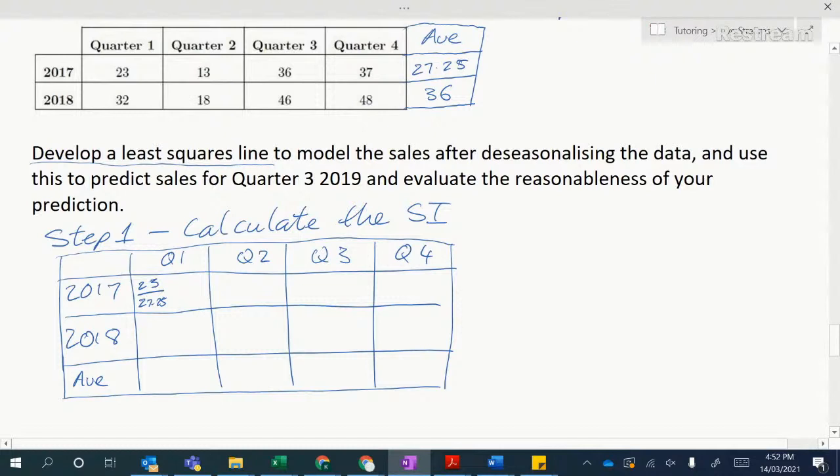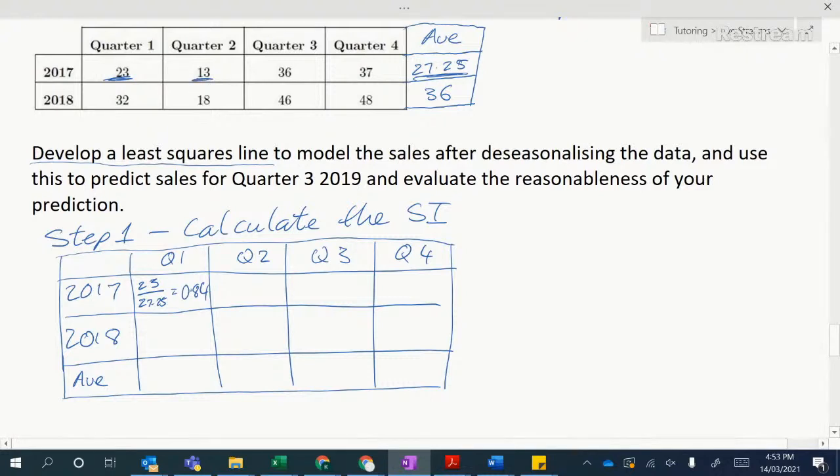Because if you think about it, quarter 1, 23, is a little bit below average. So we're expecting to see a seasonal index that is below 1, because 1 would be exactly average. So I get 0.84. I'm rounding to 2 decimal places there. Let's do the next one together.